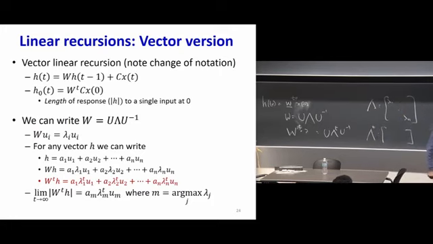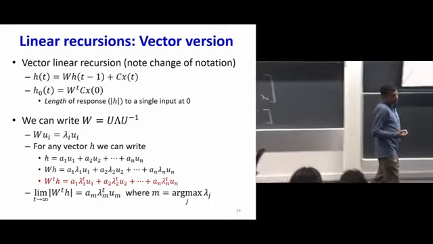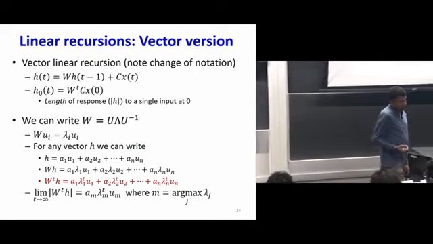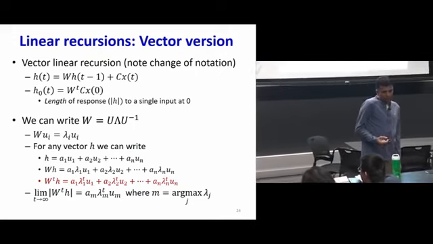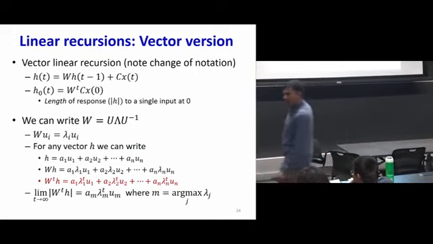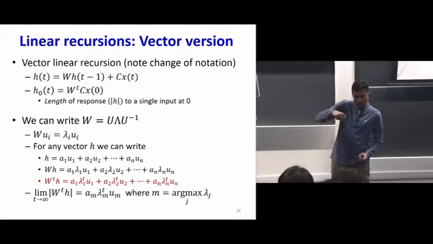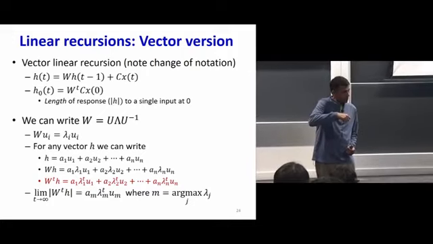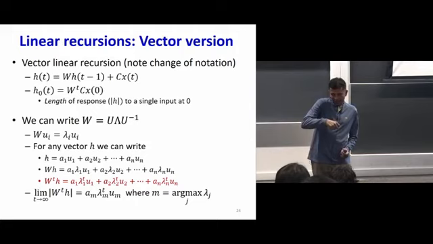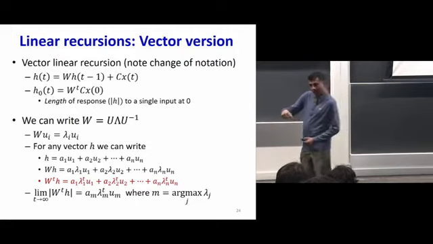What is it dominated by? If you have a ratio greater than 1 between two lambdas, that ratio keeps getting magnified.